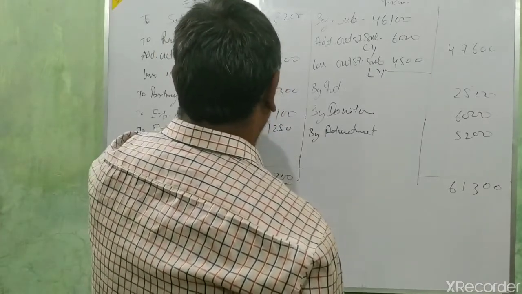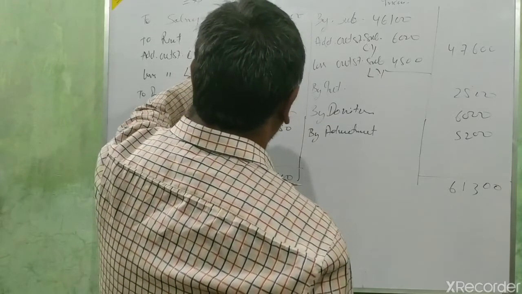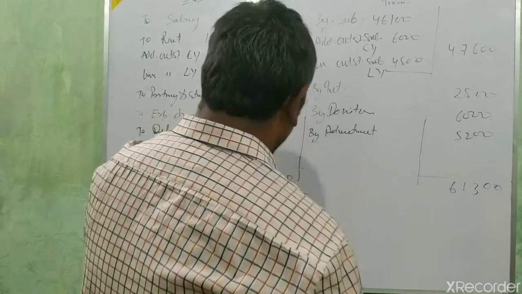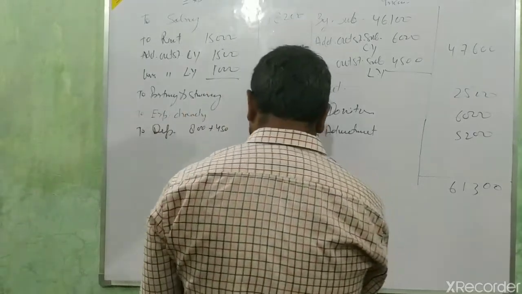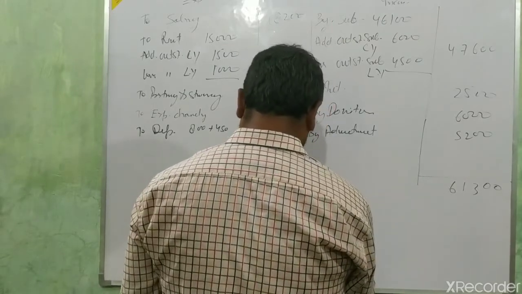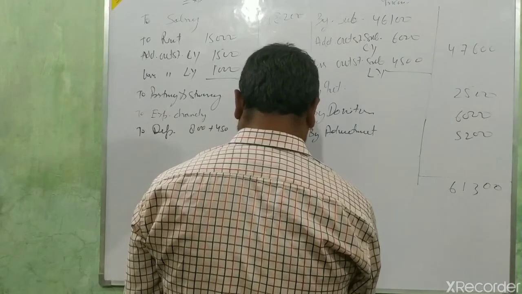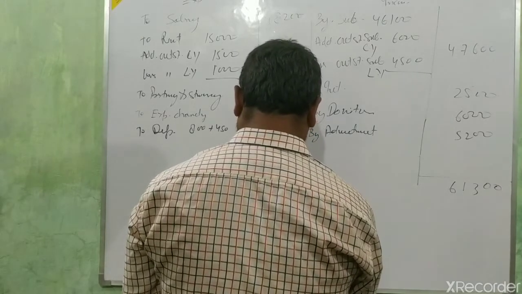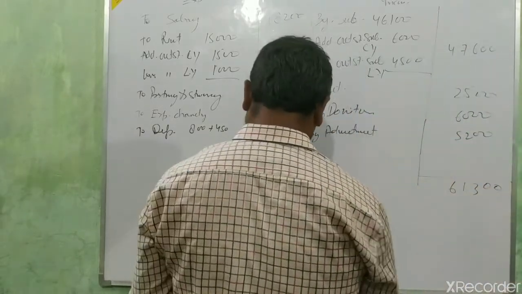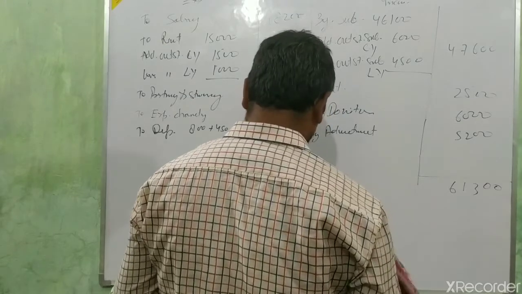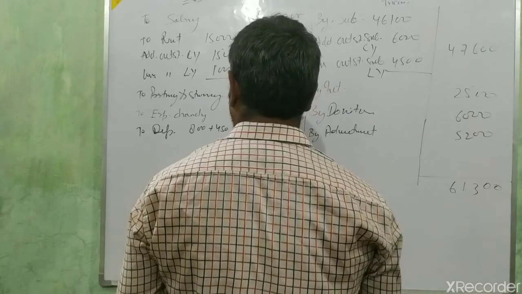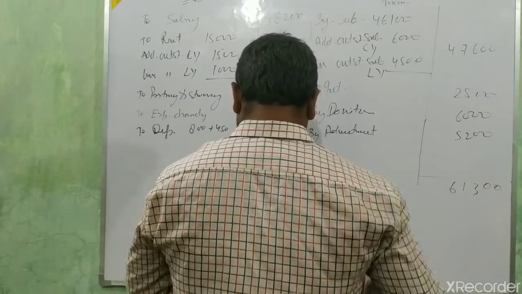57,000, and then 58,100, 58,000. The answer is 263,500.